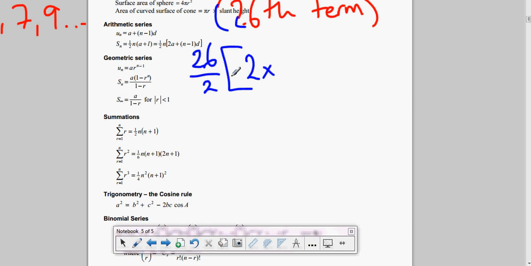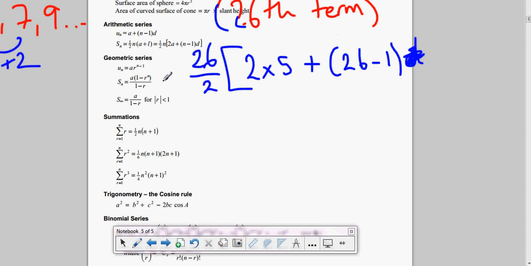The first number is 5, so 2 times 5, plus 26 minus 1, because we have 26 terms, we minus 1, times d. The common difference is 2. The sequence is 5, 7, 9, and the difference is 2.